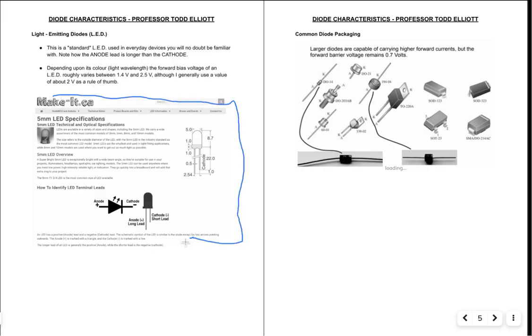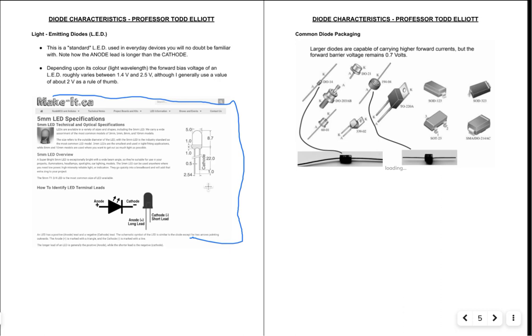This is an LED. You've seen them all before. This is not a high power LED. This is just your standard LED, like on your remote control or whatever. They come in different colors. The color determines the turn on voltage. Ballpark numbers, LEDs forward biased, somewhere between 1.4 and 2.5 volts.